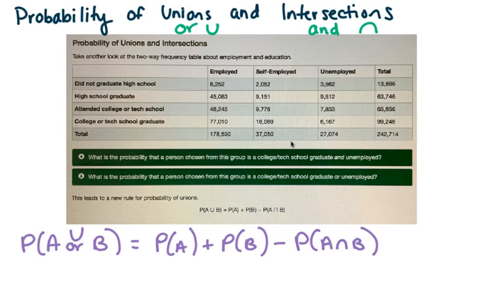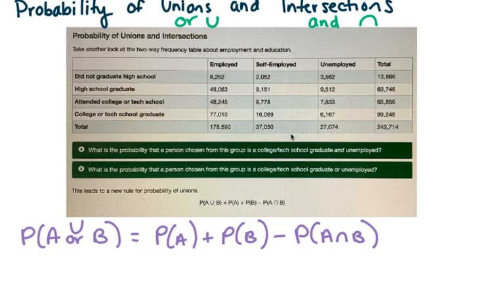But if I add these totals together, it's going to give me more than the probability of they either did not graduate high school or they were employed, because you're adding this number 8,252 twice. You're adding it in this group and you're adding it in this group. And so that's why they have you subtract out the probability of A and B once, so that you're getting rid of that second time that you added it. So that's where that comes from.